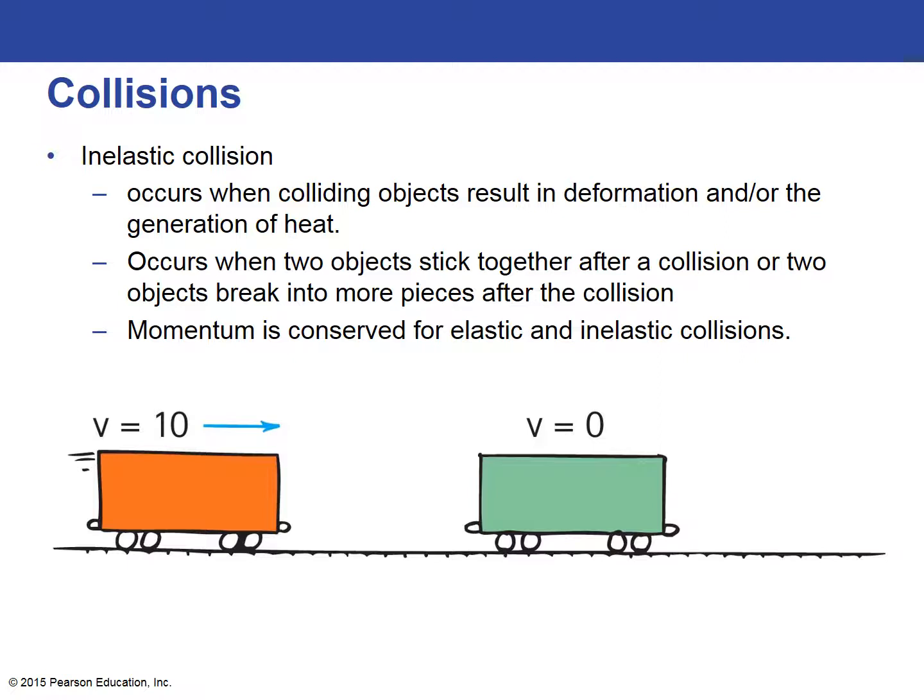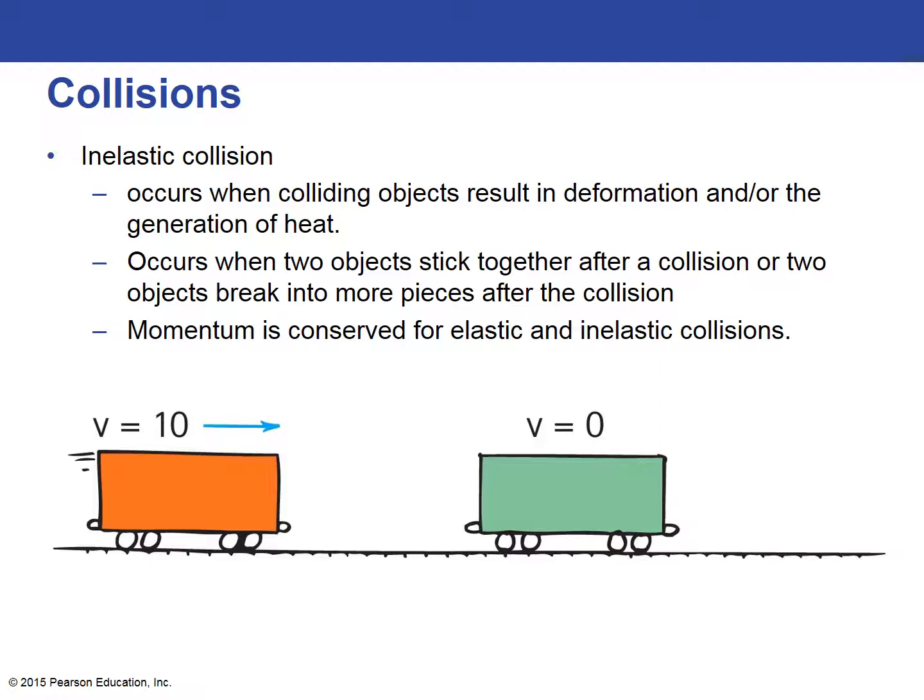Now, if the mass of the green and the mass of the red are the same, then the mass of the unified object of the two-car system is twice as heavy, or has twice the mass, and therefore, by conservation of momentum, its velocity will be half of what the red car was before the collision.